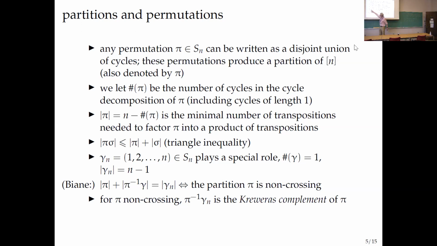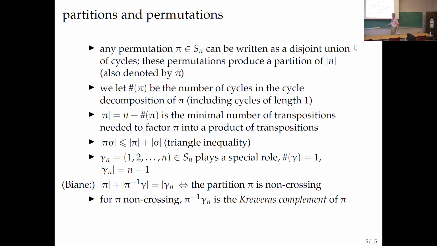You have a triangle inequality, because if you have a product here, you can take a product from here and a product from there, and that'll give you one for the product, but maybe you can do better. This permutation with one long cycle will always play a special role. Often I'll just call it gamma. It has one cycle and its length is n minus 1.